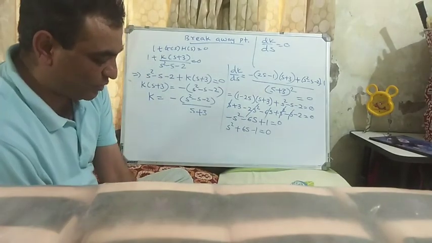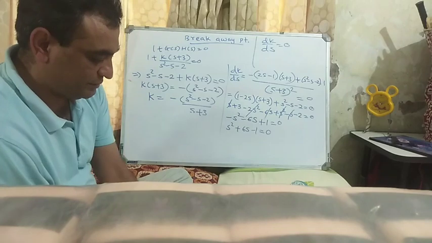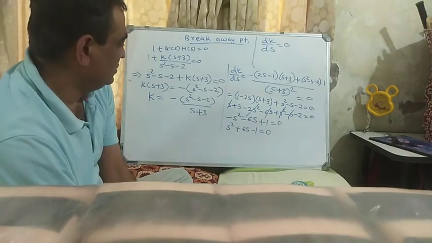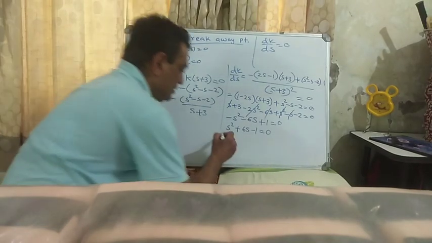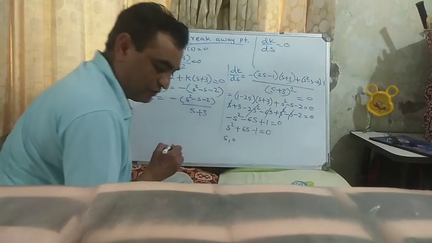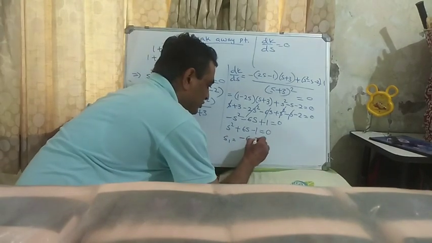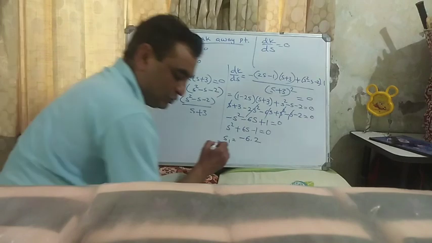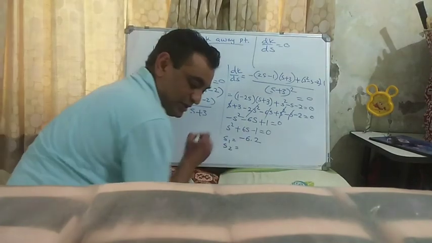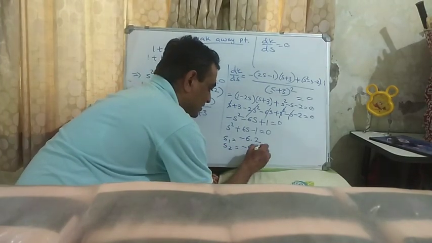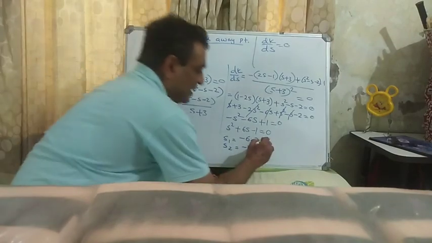It is a quadratic equation, and its roots are s1 equal to minus 6.2, and s2 you will get another root, that is minus 0.16. So these are the breakaway points.